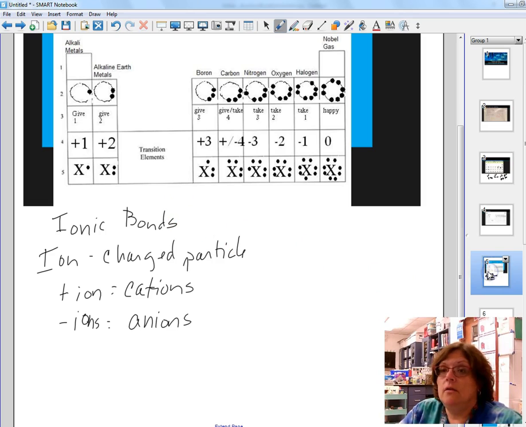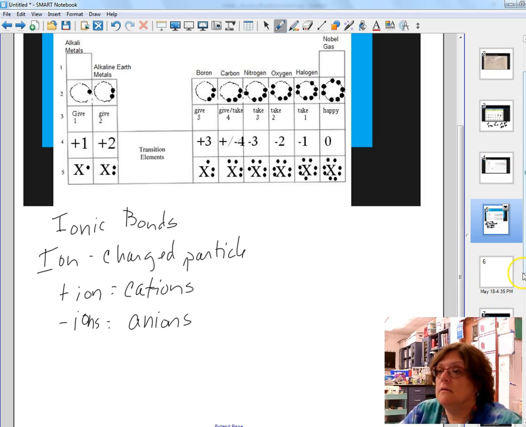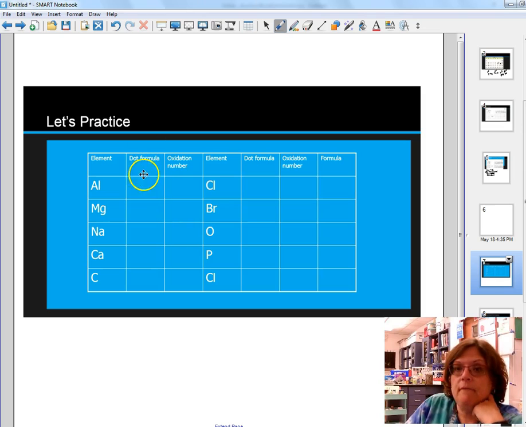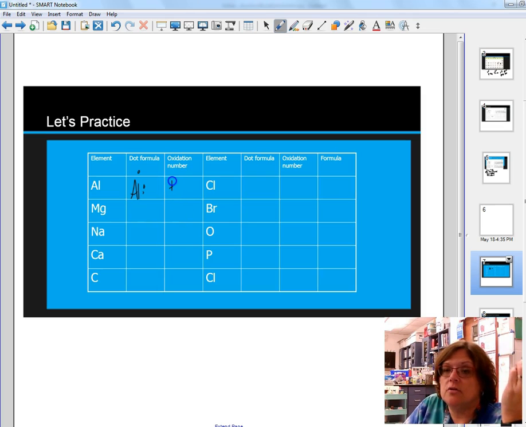If we look at an example, aluminum. If I draw his dot formula, he has 3 electrons. He wants to get rid of those 3 electrons. If he does, he'll have a +3 charge because aluminum has 13 protons, and if he gets rid of 3 electrons, he'll only have 10 electrons. 13 minus 10 would be a +3 charge.